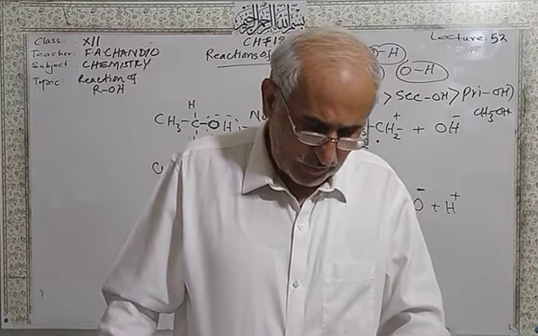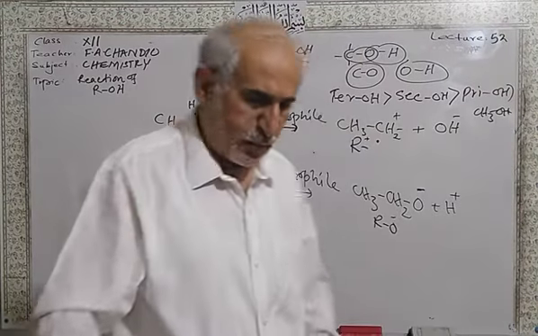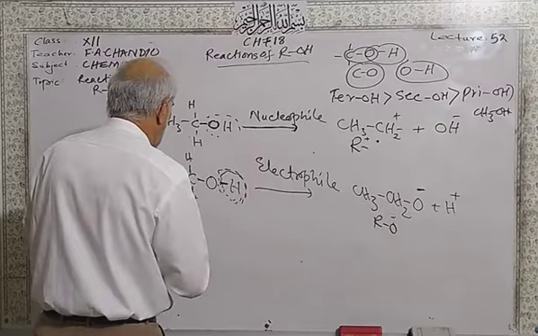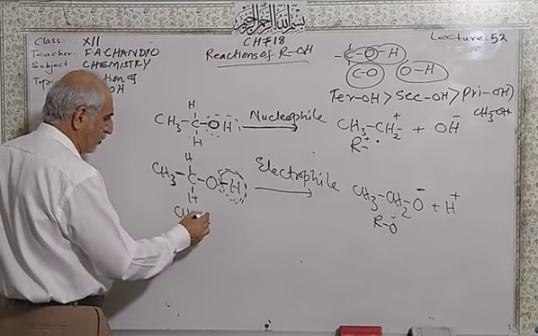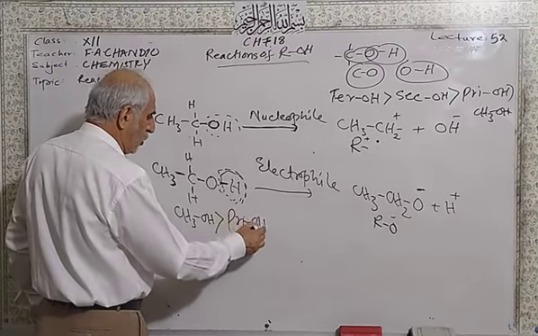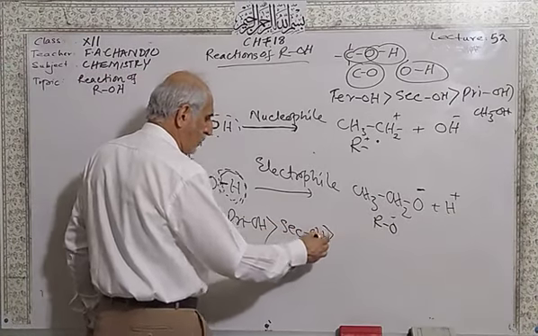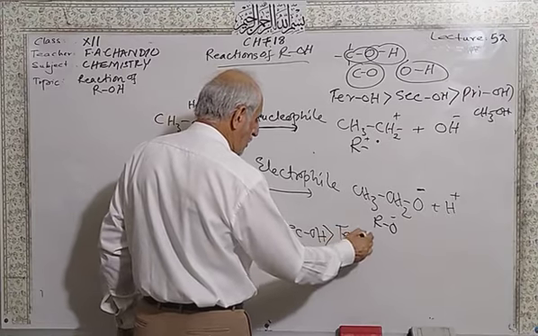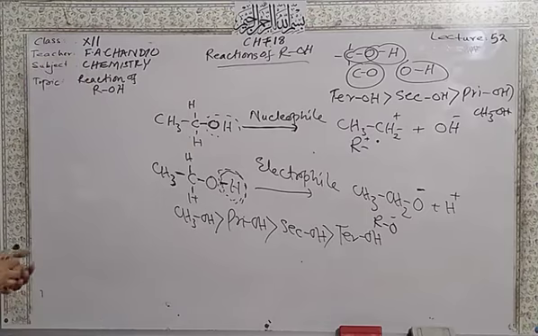But in order of reactivity of alcohol with respect to oxygen-hydrogen bond breakage, this order is reversed. Then methanol is most reactive, then primary alcohols, secondary alcohols, then tertiary alcohols, like this one: methyl alcohol, primary alcohol, secondary alcohol and tertiary alcohol.